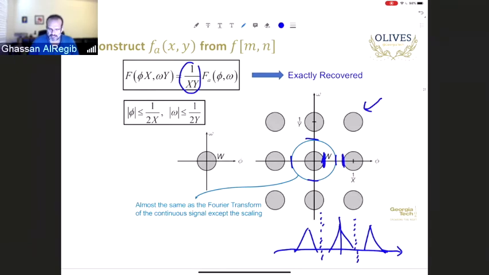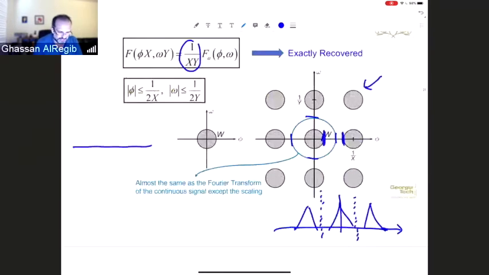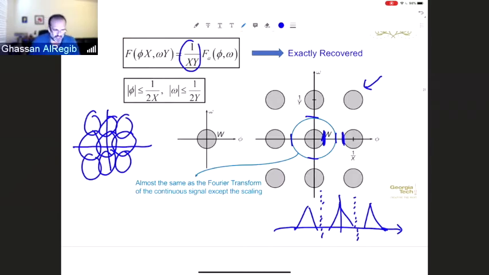In that case, there is an overlap between these disks. Imagine I have something like this. This is my disk. This is the next one, the next one, the next one, and so on. So my capital X and capital Y don't satisfy that condition.